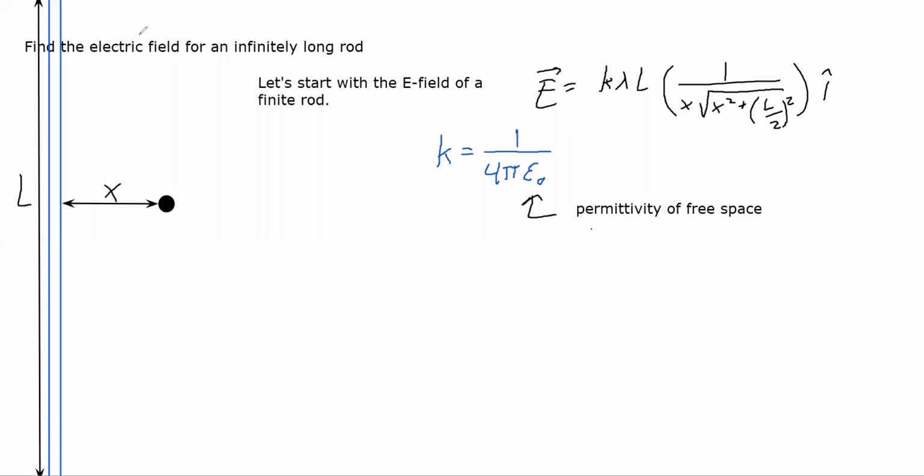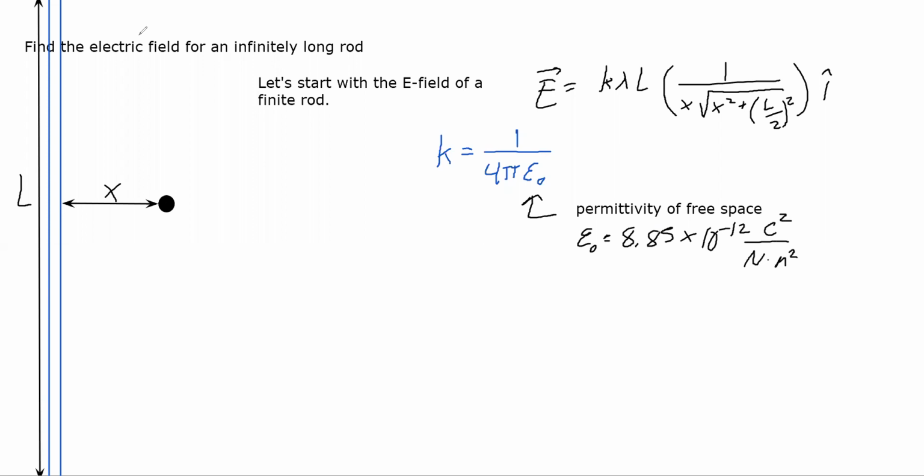Epsilon 0 has a number: 8.85 times 10 to the negative 12. The units are just the inverse units of Coulomb's constant, so Coulomb squared over Newton meter squared.